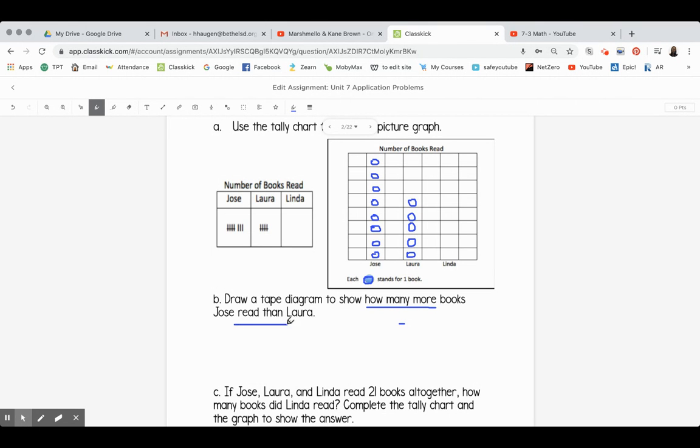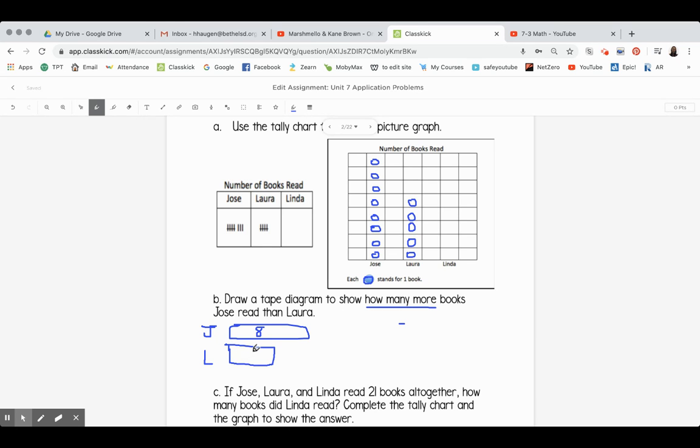So I'm going to first draw my longer one, and remember the bigger bar goes with the bigger number. So Jose has more. So I'm going to put Jose's number 8 in the bigger bar. So this is Jose's tape for the tape diagram. His is the big one, he gets the big bar. Now for Laura, she has a smaller number, so she gets a smaller bar.